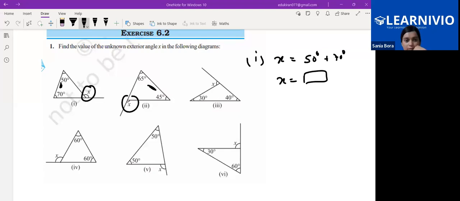First one, who will tell me? Manisha. First one is 120 degrees. Second one, Hepzibah.